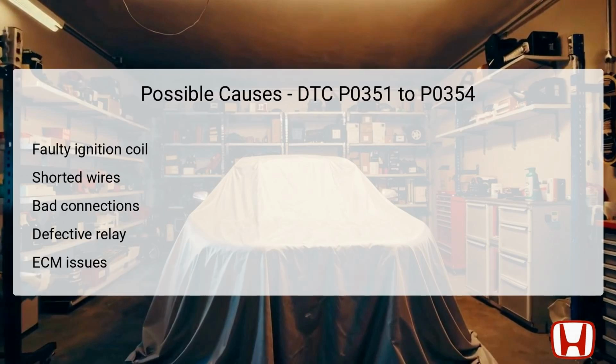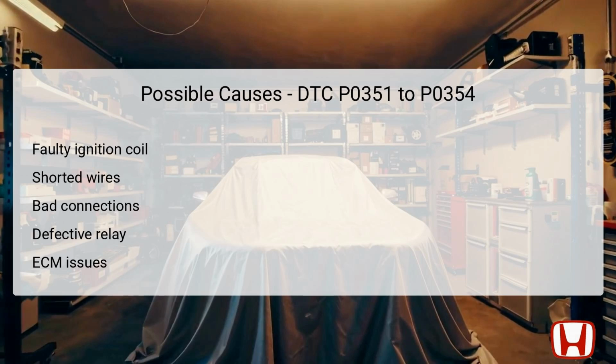Several potential causes can lead to the activation of DTCs P0351 through P0354. A faulty ignition coil is a primary suspect, as it may fail to deliver the necessary voltage to create a spark at its corresponding cylinder. This could be due to age, wear, or manufacturing defects.